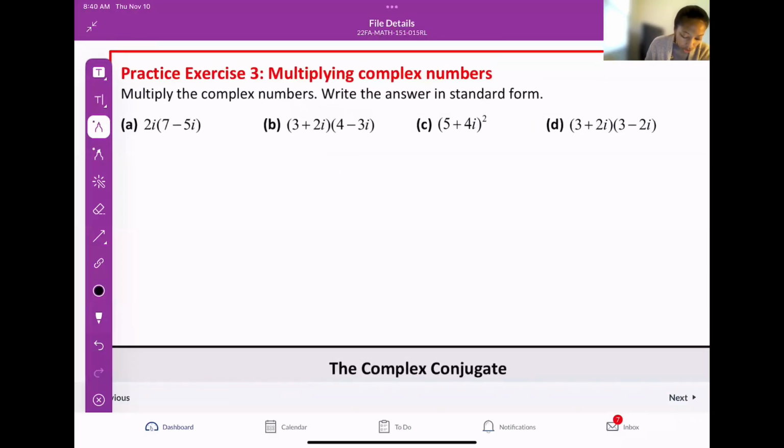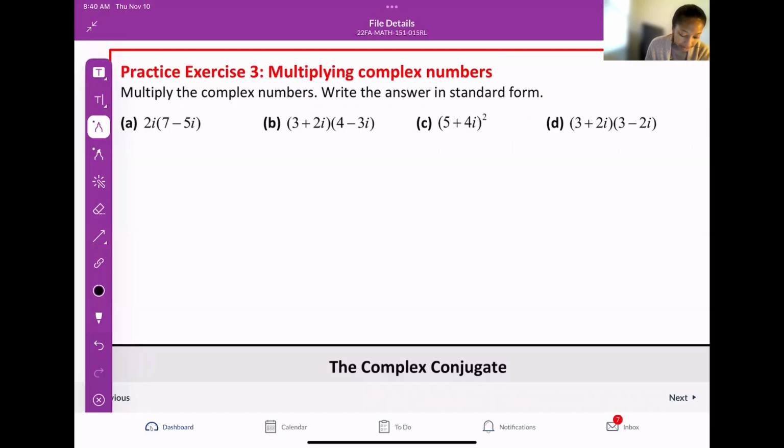All right, for 2i times 7 minus 5i, we need to distribute the 2i to each of these terms. 2i times 7 would be 14i. And then 2i times 5i would be 10i squared. And then you're probably thinking, okay, we're done. 14i minus 10i squared.